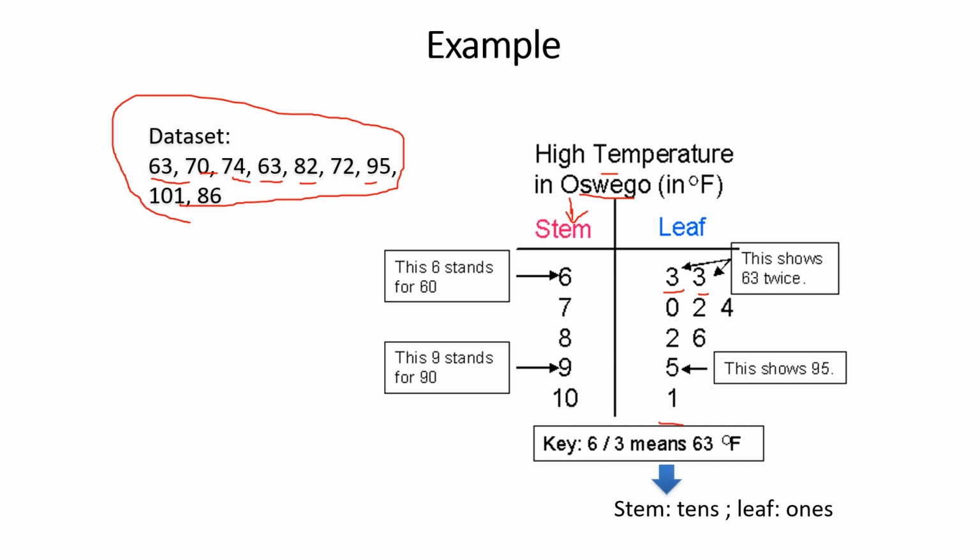The stem 6 with leaf 3 appears twice, for 63. And then the highest is 95. 9 with 3 means 93 Fahrenheit. So the stem is the first digit and the leaf is the second digit.